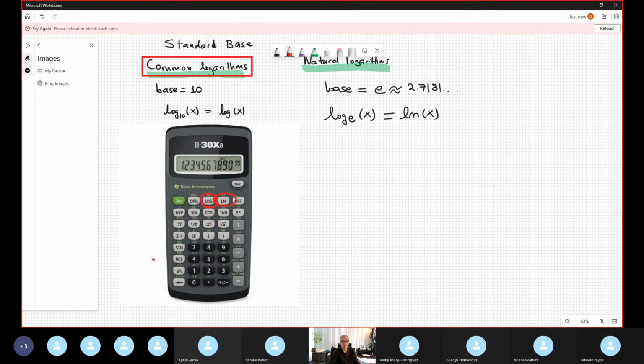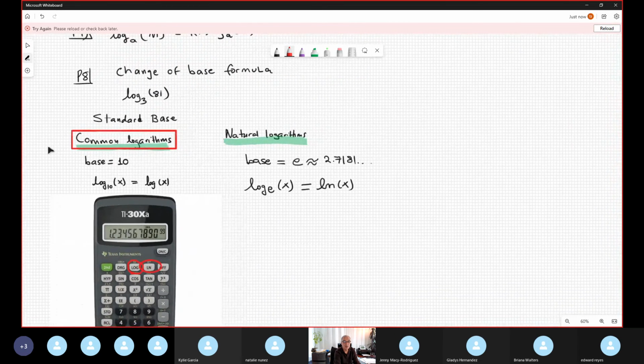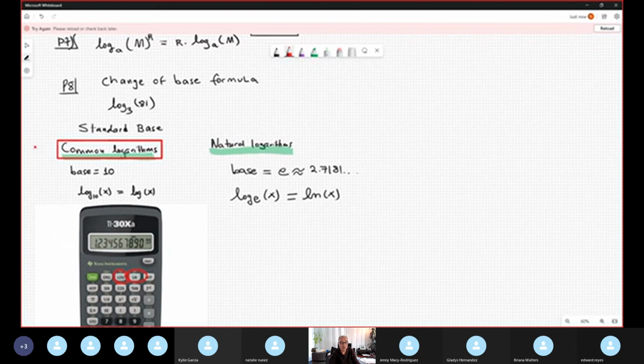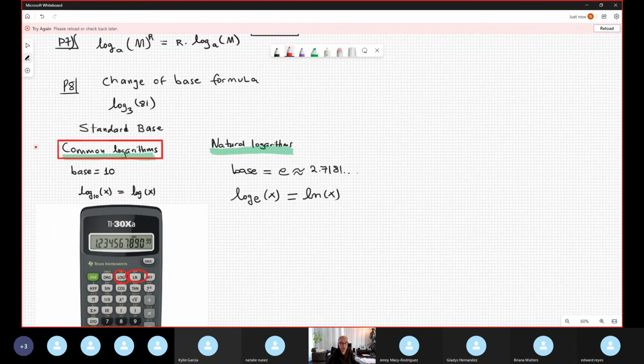Now, what is the reason I explain this? Well, the reason is that in property number 8, the change of base formula, which I want to write now and explain, we can compute any logarithm. So you have no excuse not to know the value of any logarithm, because you cannot do it by the intuitive way, you can do it with the calculator.